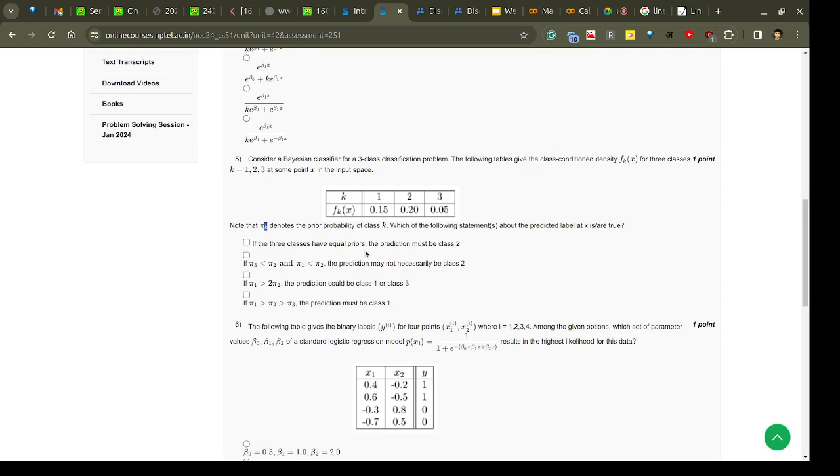So suppose you have classes 1, 2, 3, and the pi_k value is the same for all the classes, then the label is 2, k equal to 2.